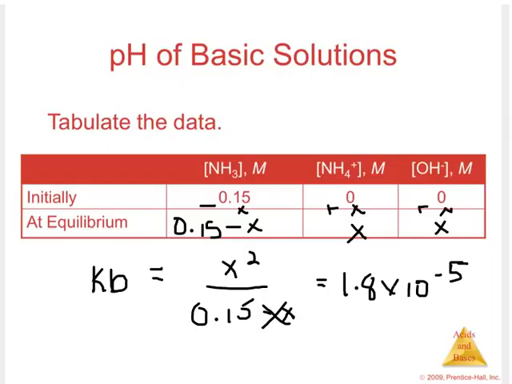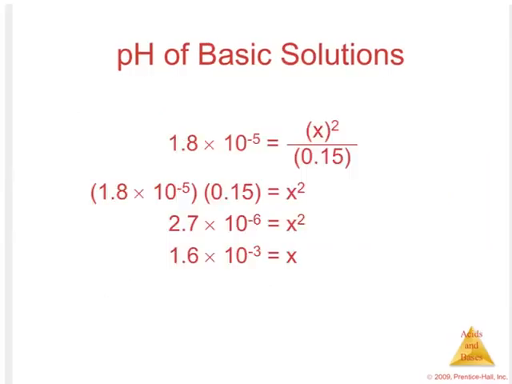At the end, we'll have to check and make sure that our assumption was correct. But a good rule of thumb is that any k value that is 10 to the negative fifth or smaller is going to be considered negligible in terms of sig figs.